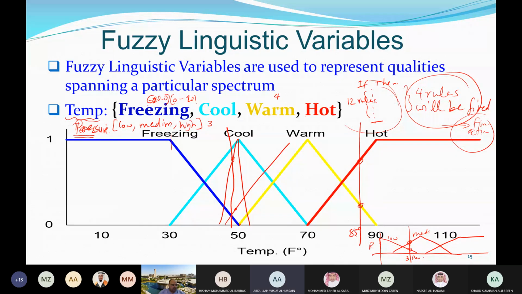In the end, we will need to determine whether a person is short or tall, or the temperature is cold or hot. So this is a hard limit, isn't it?